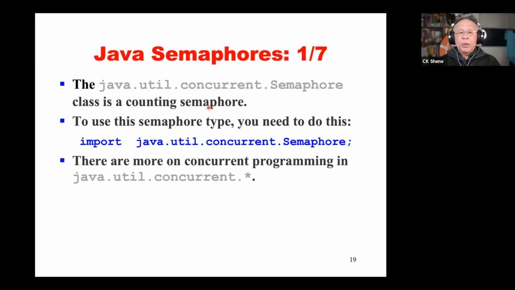To use the semaphore type, just import this file. Actually, Java supports concurrent computing in a set of files, that is java.util.concurrent.*. You could include them all in your program if you wish to do so.